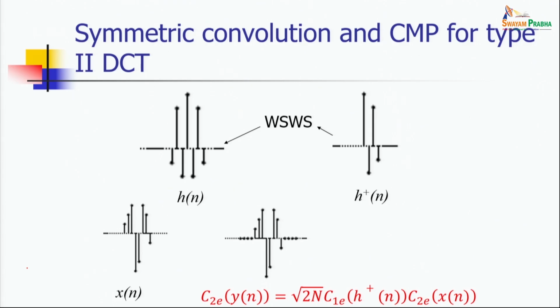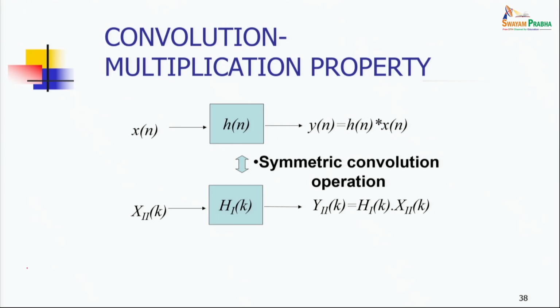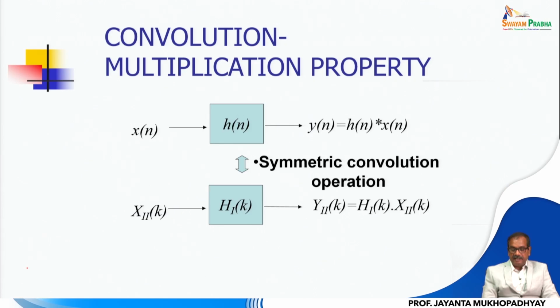And this symmetry I mentioned is whole symmetry. So, the multiplication of type 1 DCT and type 2 DCT can give you the respective type 2 DCT result. If I apply this property, I can get filtering of type 2 DCT blocks.